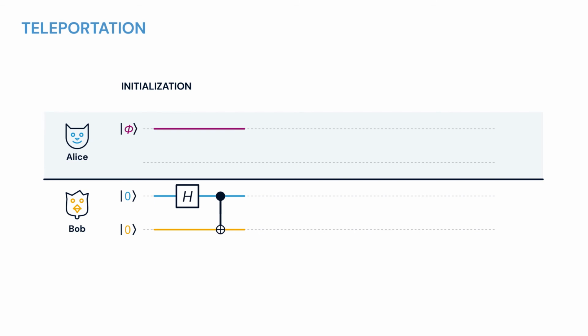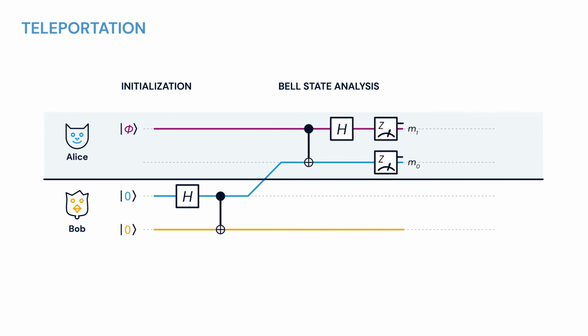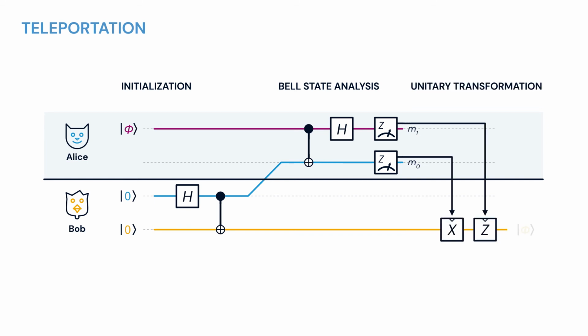Then, half of the Bell state and the prepared qubit are sent to a Bell state analyzer. The result after measurement, the two classical bits, are used to perform the corresponding unitary transformation on the other half of the initial Bell state that was kept by the yellow party, recovering in this way the prepared qubit.